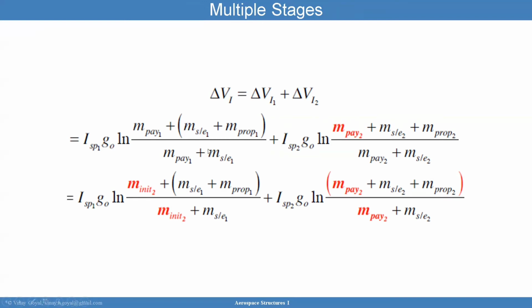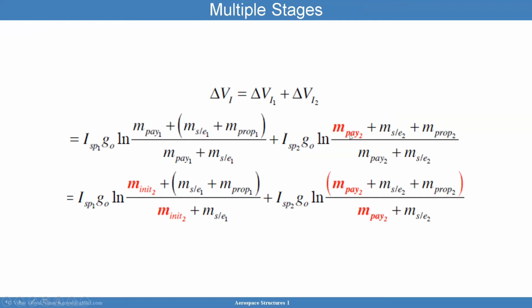Then in the denominator, you're going to have the payload mass and then the inert mass. And in the top, you can see here payload mass plus inert mass plus propellant mass. And so that's your mass propellant ratio right here.